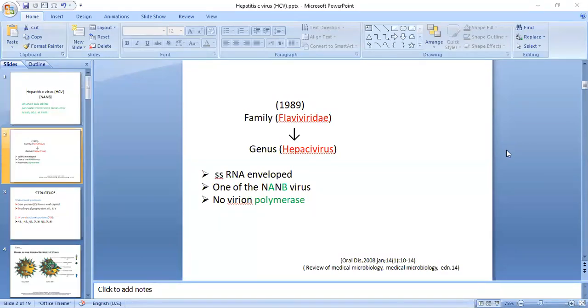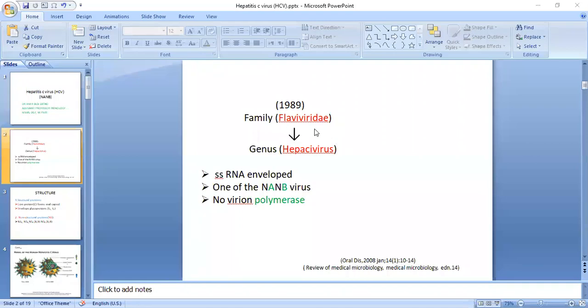This virus belongs to a family known as Flaviviridae. The other viruses which belong to this family are the yellow fever virus and the dengue virus.